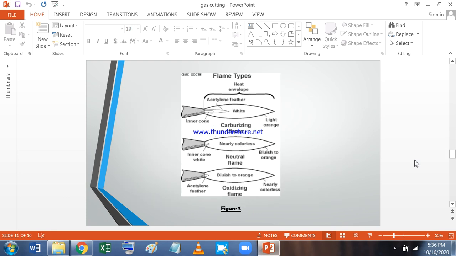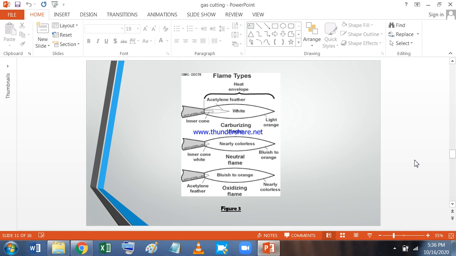Now you can see here the shape of the flames. The first one is the carburizing flame, which has three parts: one is the acetylene feather, then the outside flame of white color, and then a light orange tinge at the edges. Then we have the neutral flame, where other than the white inner cone, the flame is colorless, and this is used for most of the welding processes. And the third one is the oxidizing flame, where the color is bluish to orange due to the extra supply of oxygen.